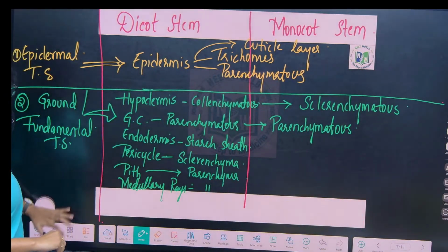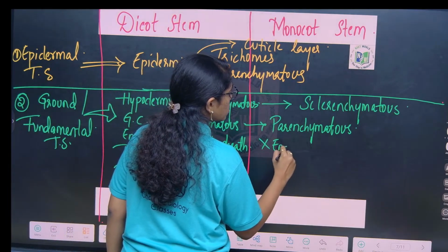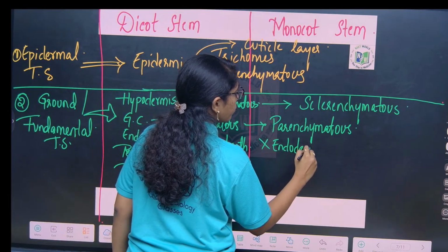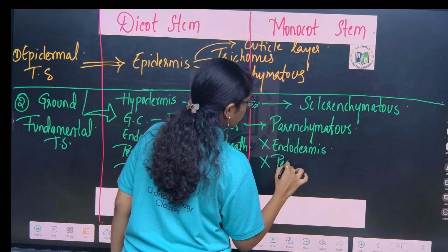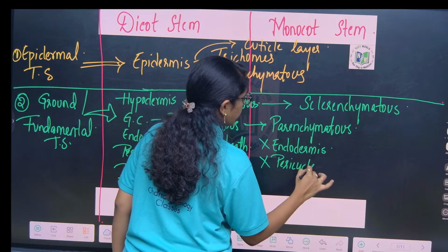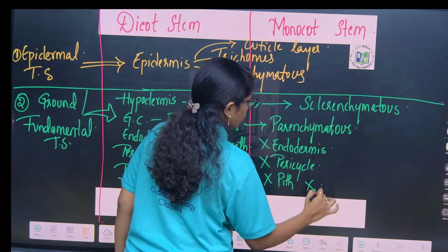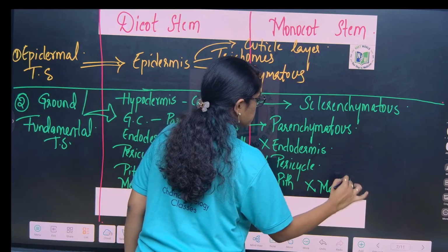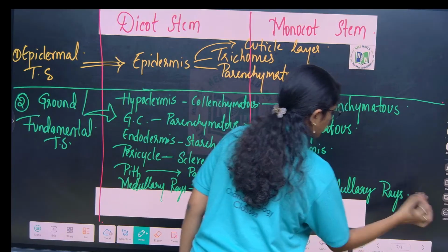And here there is no endodermis, pericycle, pith, medullary rays. Clear?